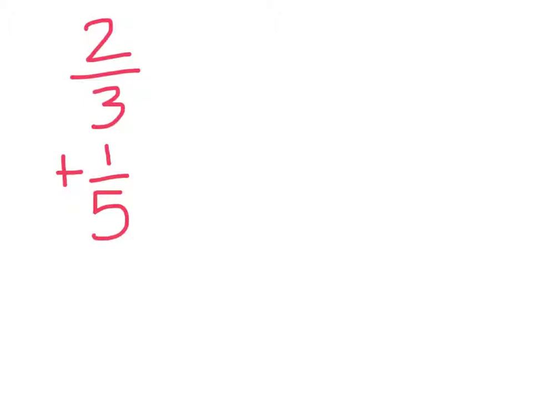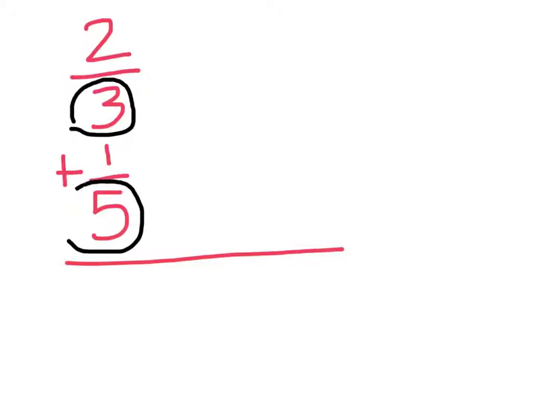Okay, so we've been spending the past couple of days on problems like this: 2/3 plus 1/5. As you can see, our two fractions, 2/3 and 1/5, have denominators that are not the same.